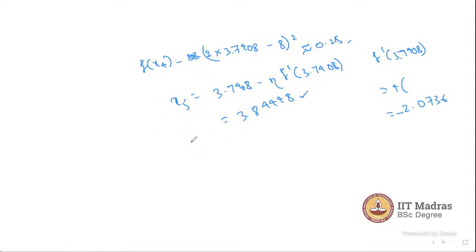Now for this particular x5 value, we'll compute f of x5. It will be 0.3104 squared. I think that's still going to be greater than 0.1.